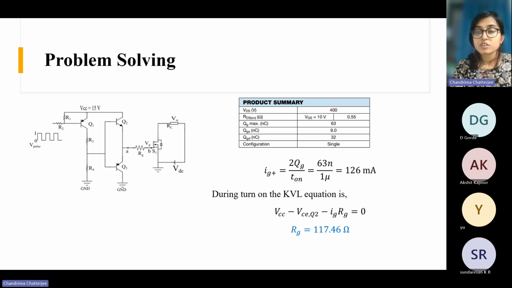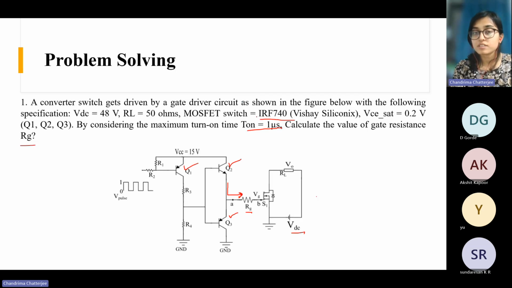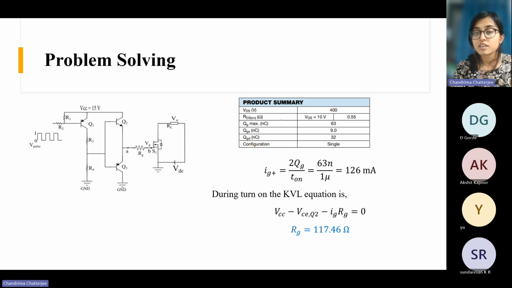For that we need some data, right? I have taken this data from the data sheet of this IRF 740. If you search this, you will get this from Vishay, the manufacturer. So from the data sheet you will get all this data.